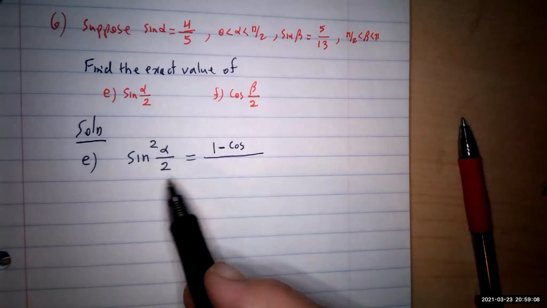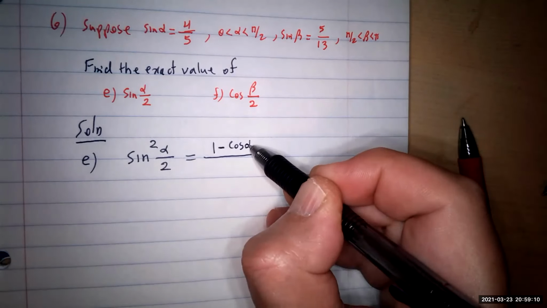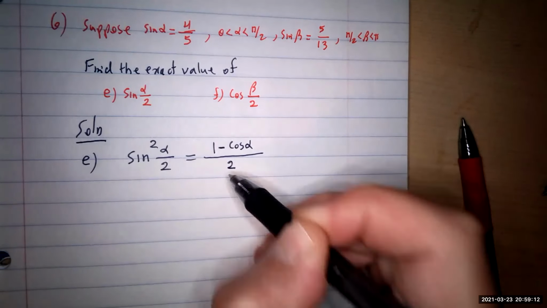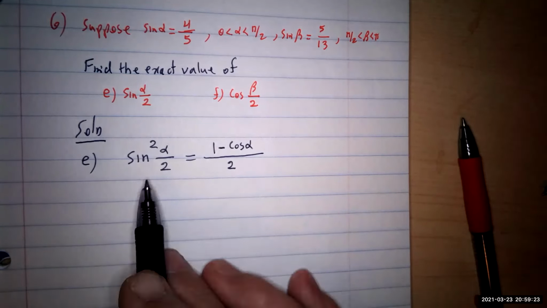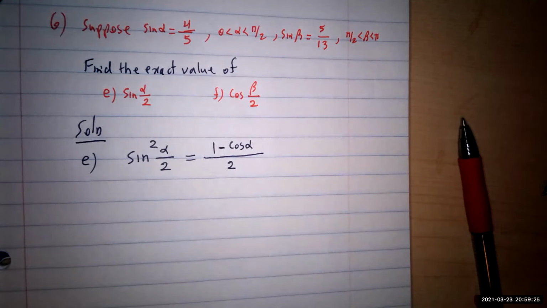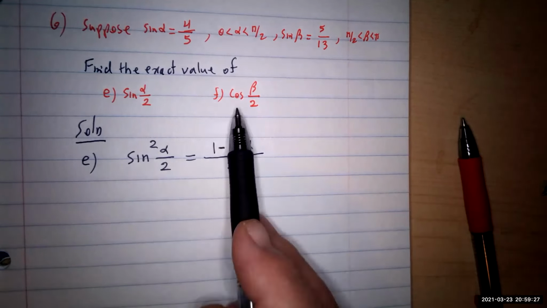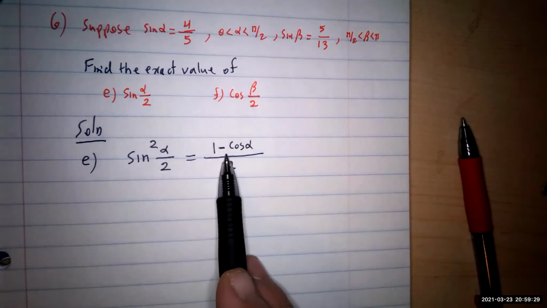This is the half; the double would be the angle, divided by 2. That's it. Okay, sine squared of alpha/2 is 1 minus cosine of alpha, over 2. Then you find it first, then you take the square root. So that would be for the sine. For the cosine, you know that this would be 1 plus. That's it.